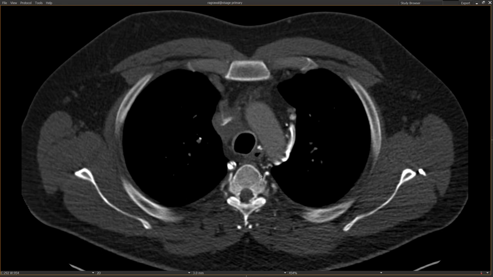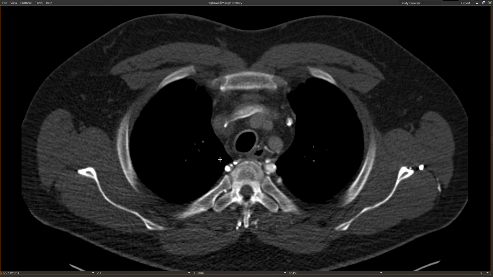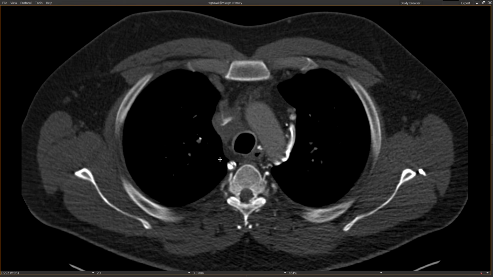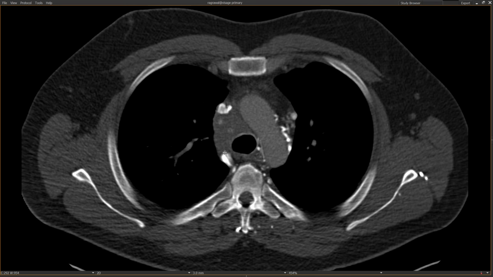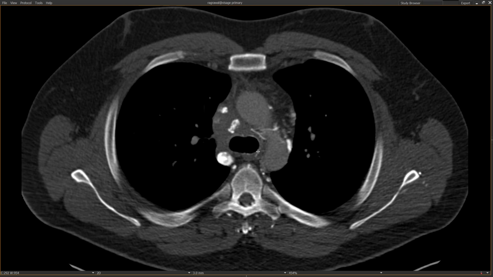Now, if we go up and we look at the SVC, so this is the left brachiocephalic vein, this is the right brachiocephalic vein, and then I'm scrolling down now, you could see that contrast comes to like this thread-like focus right here. And most of the SVC is occluded there, secondary to this soft tissue lesion in the right paratracheal region.